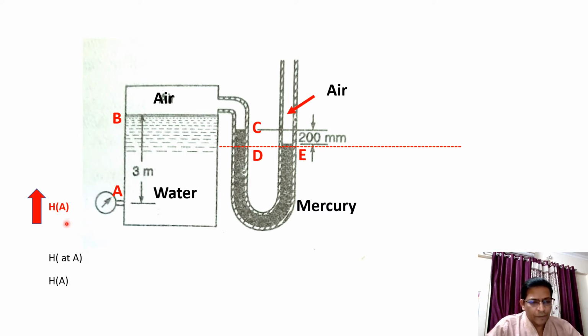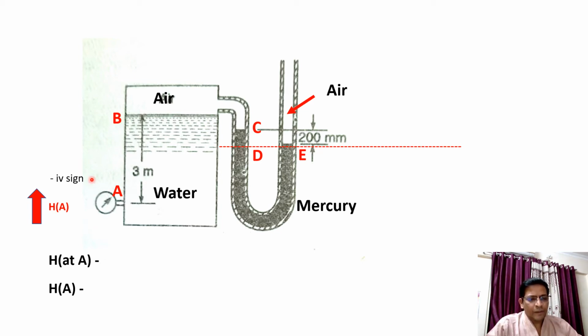So the first step, the starting point, is the pressure head at point A. In a manometric equation, the start point and the end point are represented by the pressure head at that point. From point A to B, in an upward direction with an increase in elevation, subtract pressure head, therefore a minus sign.